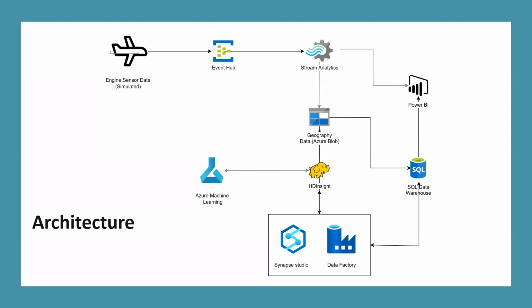You can create a pipeline in either of these tools, and you can schedule it, either event based or with a trigger, so you can orchestrate the end-to-end flow here. And if the pipelines fail, you can monitor and also rerun them. It provides all the logs in the monitor option. Once you log into Synapse Studio or Data Factory, you can see the monitor option.